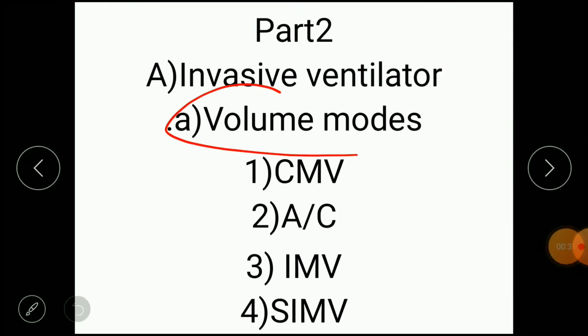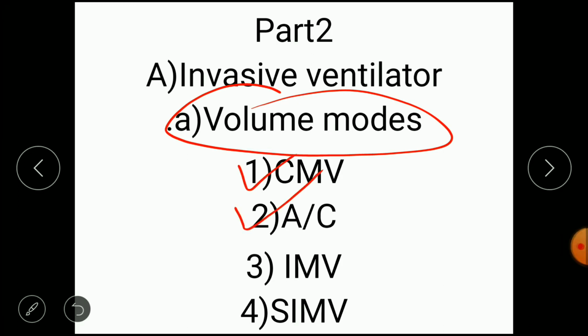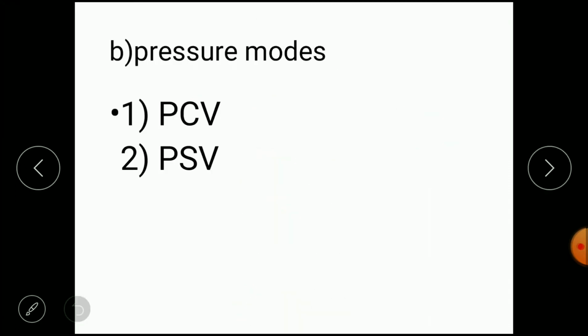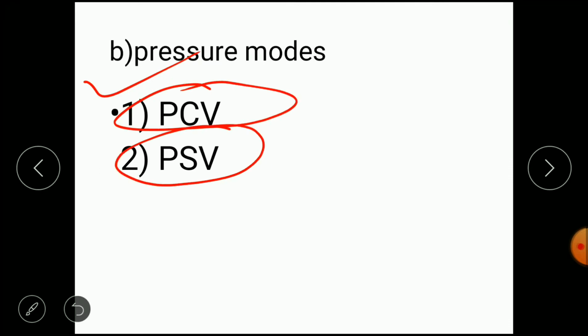In volume mode there are four types: the CMV mode, assist control mode, IMV mode and SIMV mode. In pressure mode there are two types, the PCV mode and the PSV mode.